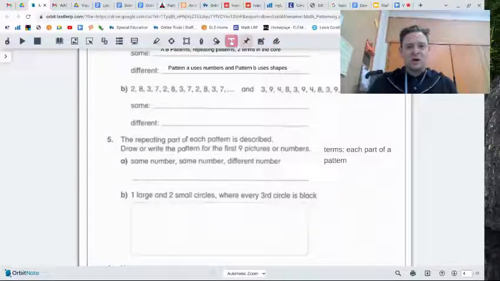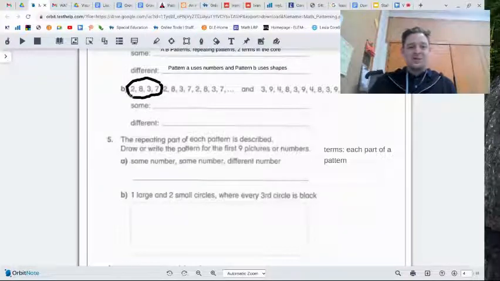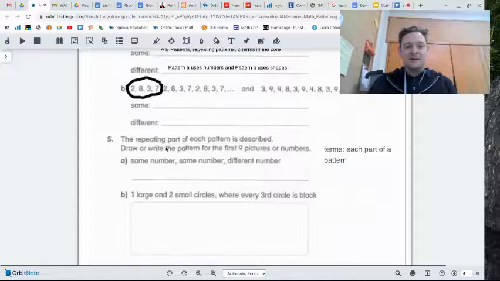Just going to use my drawing tool, and I'm going to circle in one of the patterns the core. So the part that repeats is this part here, 2837, and then the pattern restarts 2837, 2837. So there are 4 terms in the core of this pattern. I wonder if that would be a similar, something the same, or something different with the other pattern.